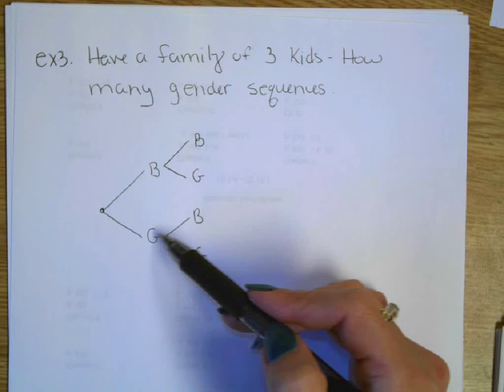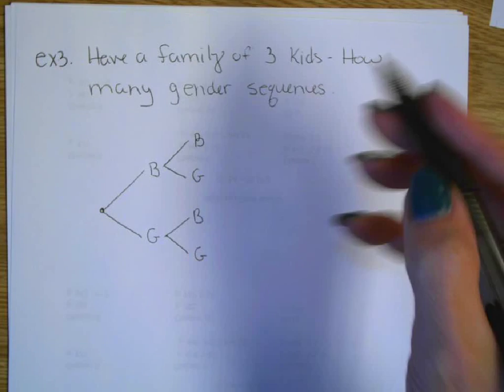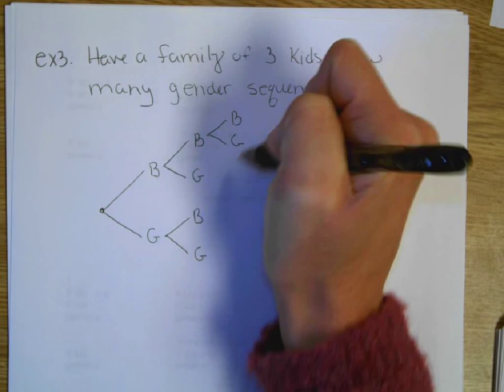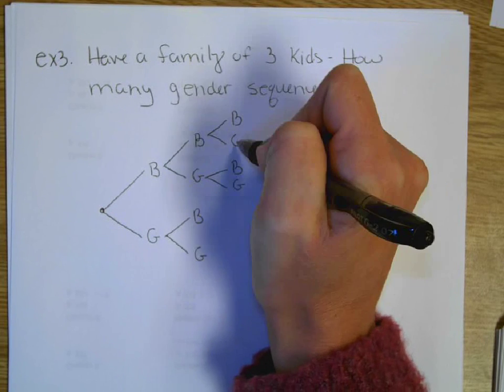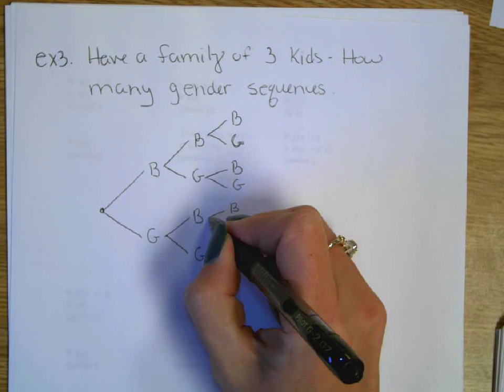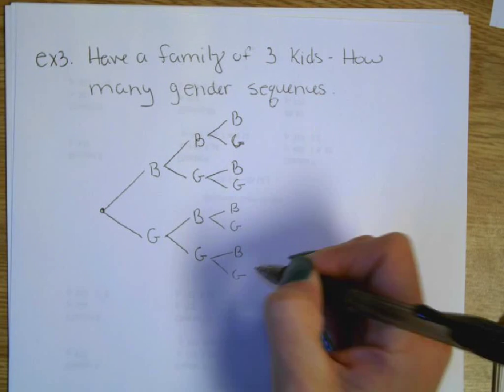Boy, boy, boy, girl, girl, boy, girl, girl. 4 outcomes. But I got to have a third child, so off of each one of these, boy, girl, boy, girl, boy, girl, and boy, girl.